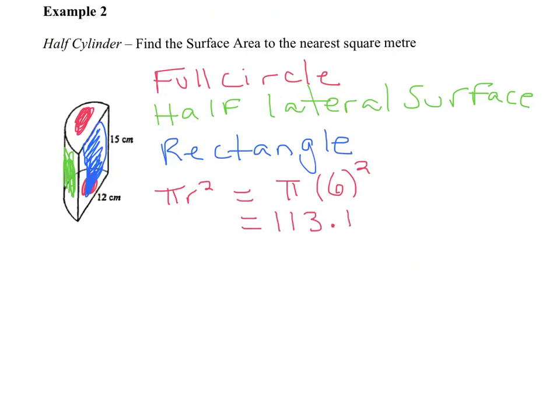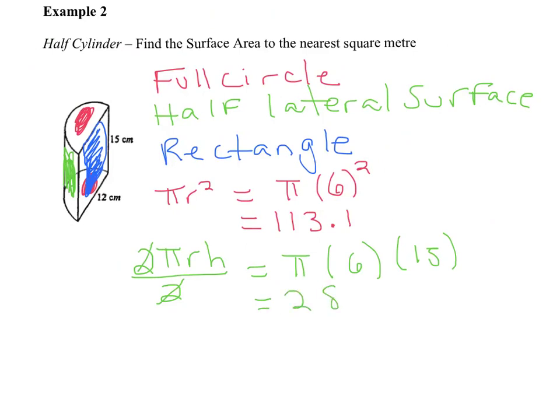For the half lateral surface, well, the full lateral surface would be 2 pi r h, but we only want half of that. So those 2's will cancel out. So we just need pi times radius times height. So we have pi times the radius, remember that was 6, and the height being 15.